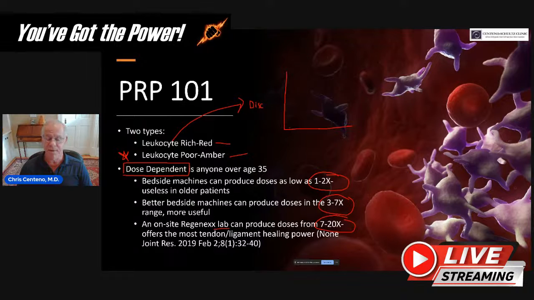That means that once you're over age 35 or 40, if this is the PRP dose, I'm going to put PRP here, and the higher here, the more concentrated the PRP, and this is healing, then as the PRP dose goes up, the healing goes up. So we're seeing that, and that's an incredibly important part.